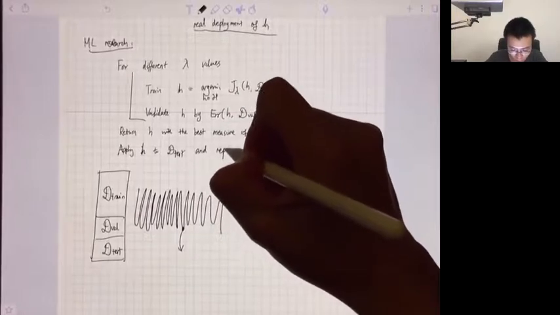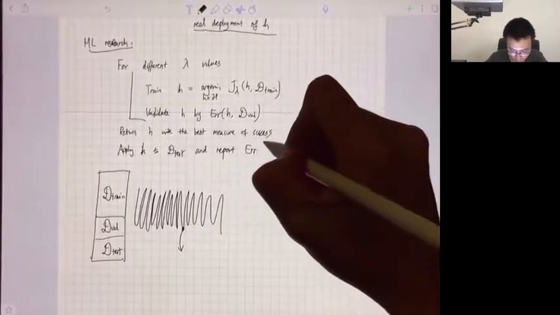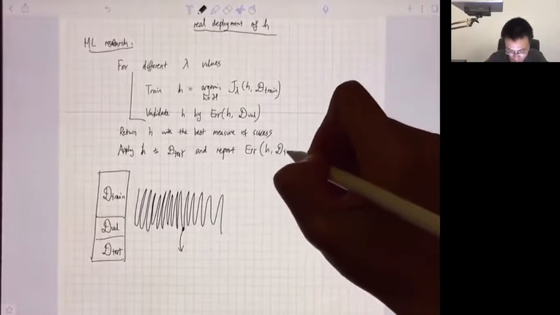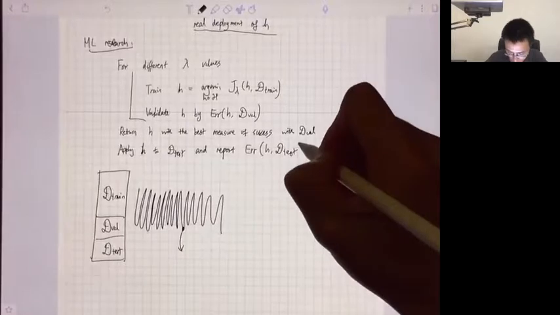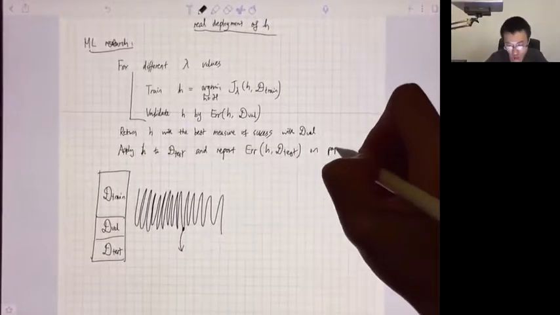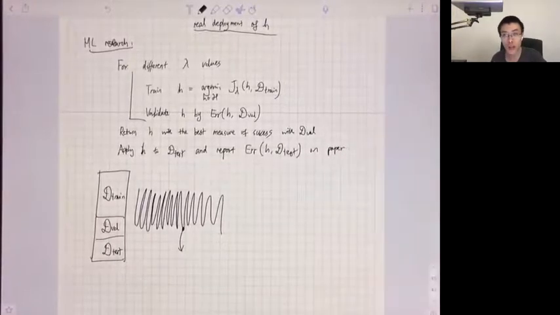Report the error on D-test in the paper. And this rules out the noise, okay? So if you pick the best hypothesis on D-val only by luck, then the performance on D-test will not be so good because the noise is usually independent.